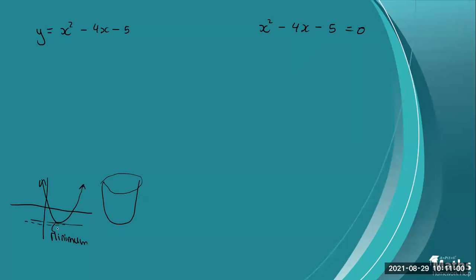So let's say the x there was 2 and the y value is -3. Then we will say this will be a minimum at -3.